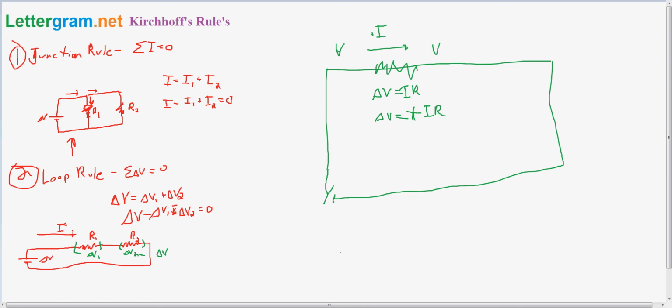The final real thing I have to say about this is anytime you're trying to solve a problem, the number of equations you'll need to solve the problem using these two rules essentially means that you'll need as many equations as you do currents.